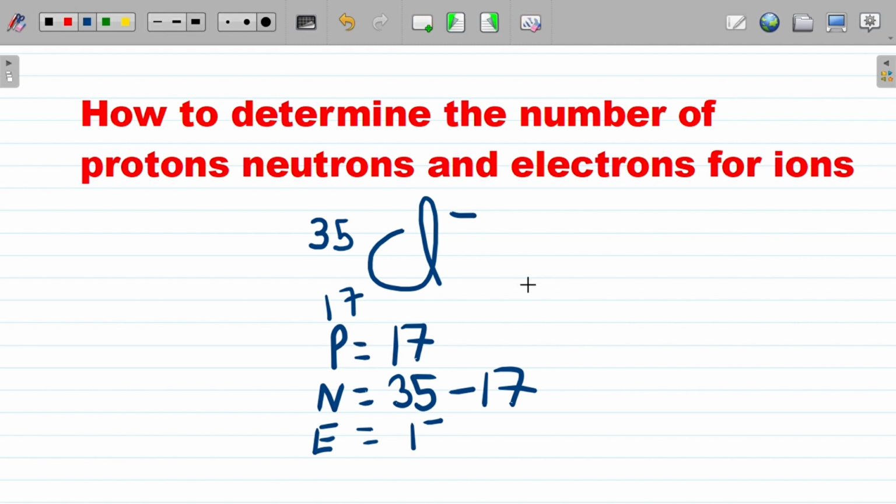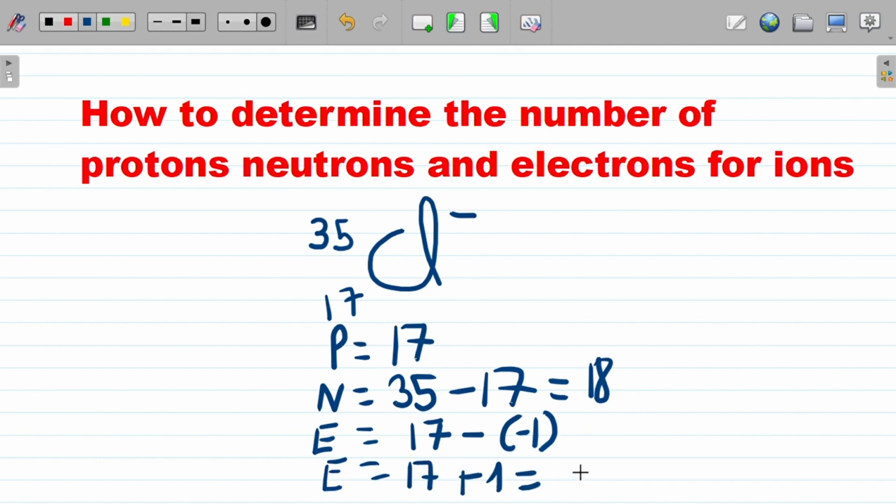The difference between 35 and 17 is 18 neutrons. Electrons are going to be equal to 17 minus negative 1. This is the same as 17 plus 1, and this is going to be equal to 18 electrons.